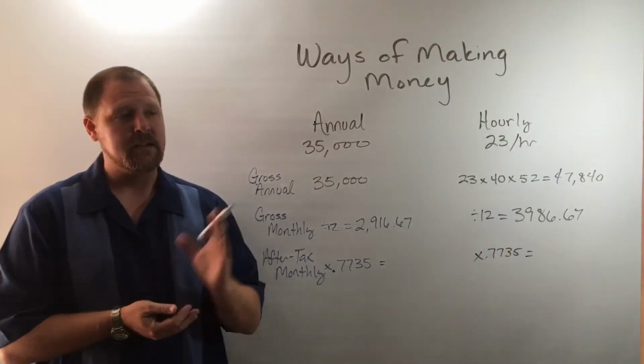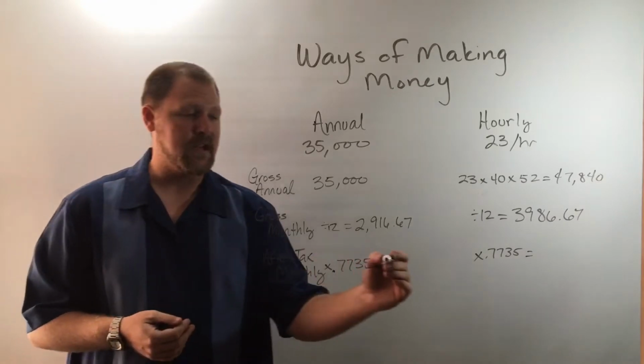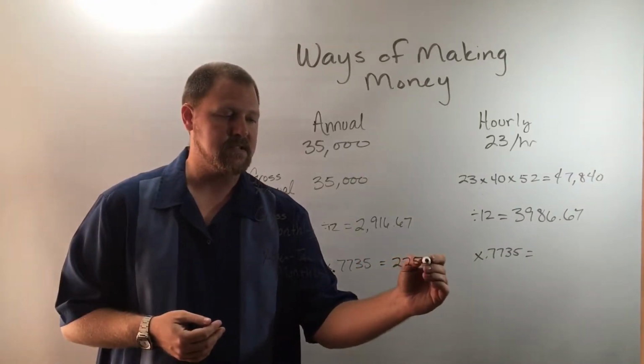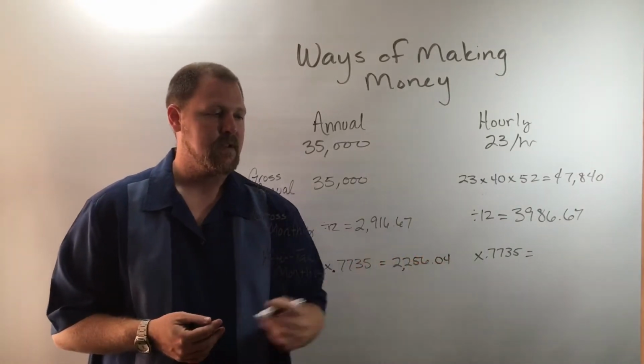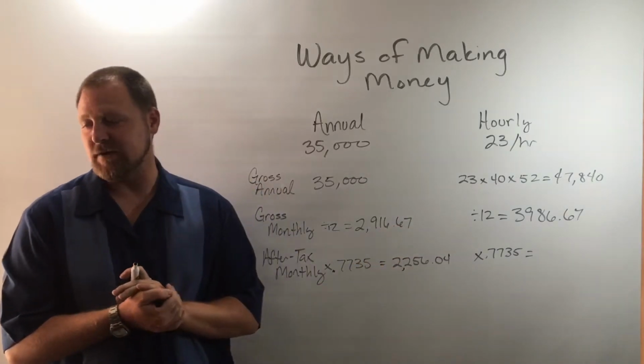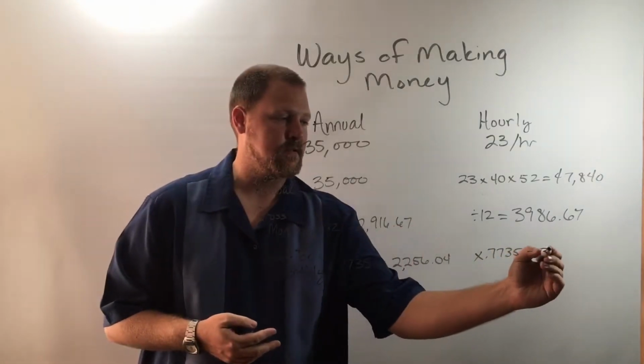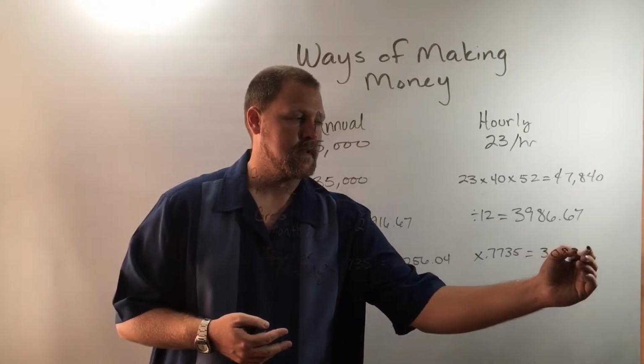For the annual job, that gives us $2,256.04. For the hourly job, it gives us $3,083.67.